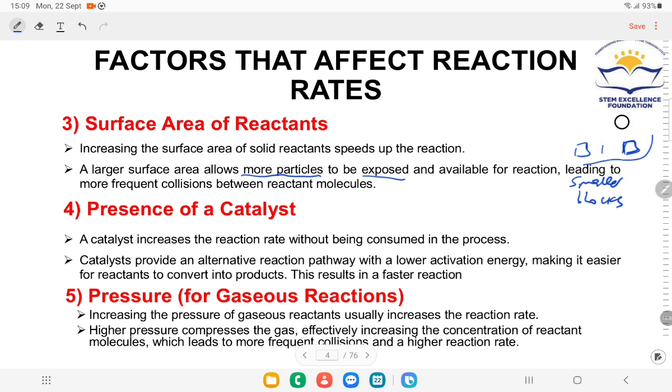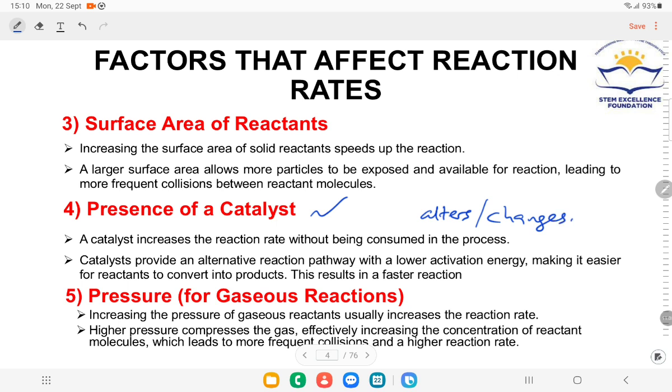Moving forward, my favorite part, the presence of a catalyst. So a catalyst is a substance that increases the rate of a chemical reaction without itself being consumed. Of course, my definition of what they're saying, a catalyst is a substance that simply alters or changes the rate of a chemical reaction without it being consumed.